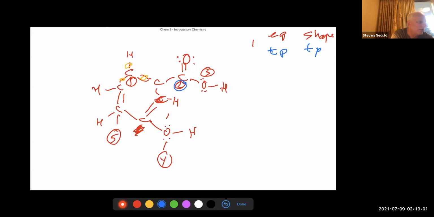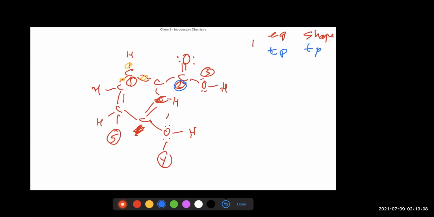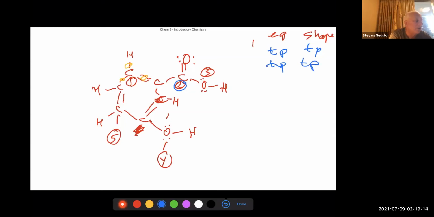Okay, again, what's the electron geometry? Trigonal planar. What's the shape? Trigonal planar. Okay, perfect. You guys are getting this. Number three. Okay, what's the electron geometry? Okay, now you've got non-bonding electron pairs.